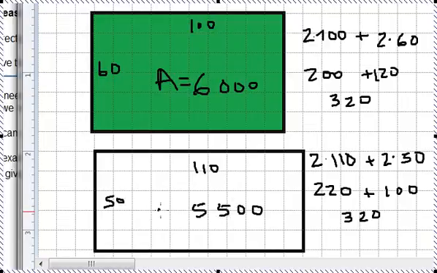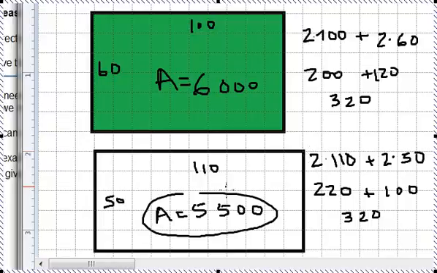So which area is smaller? Well, obviously this one is smaller. And hey, Dawson, you're absolutely right. We made this thing skinnier and longer, and it ended up having a smaller area, but it had the same exact perimeter.